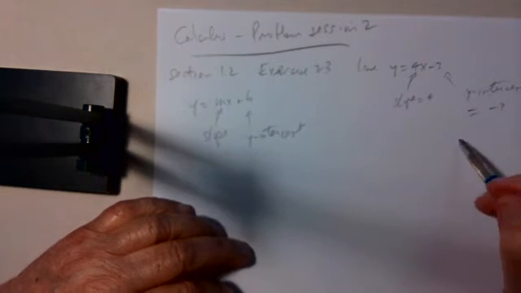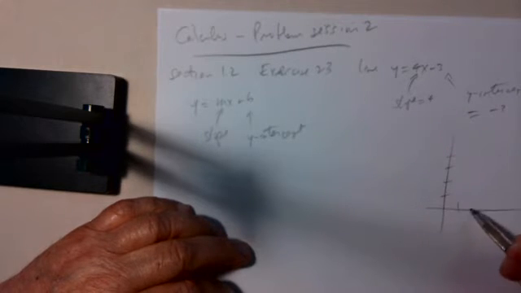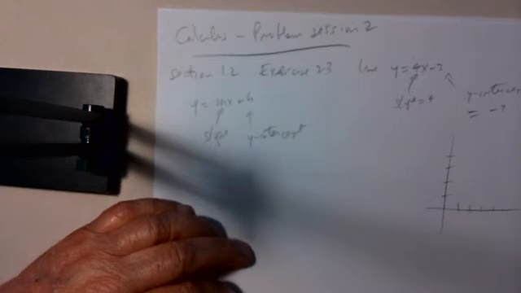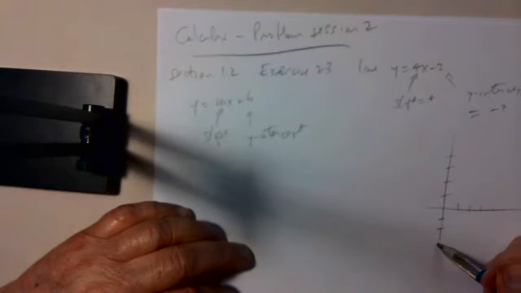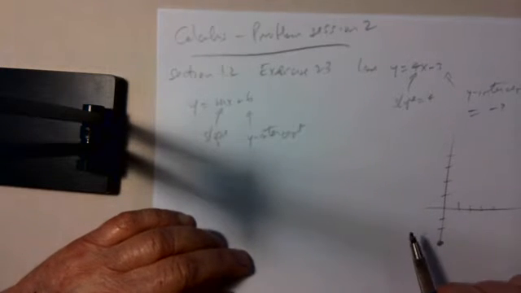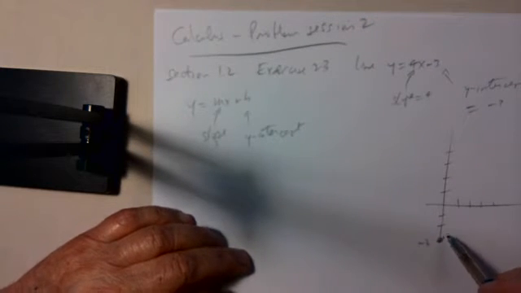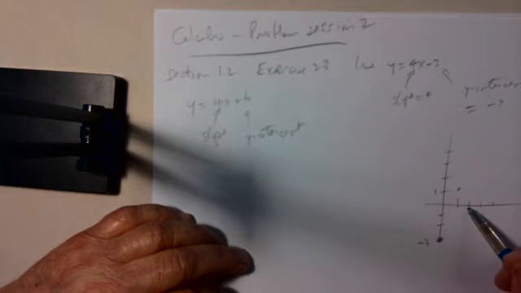So if you were to graph this line, here is minus 3. That's the y-intercept. And to say the slope is 4 means you go over 1, you go up 4.